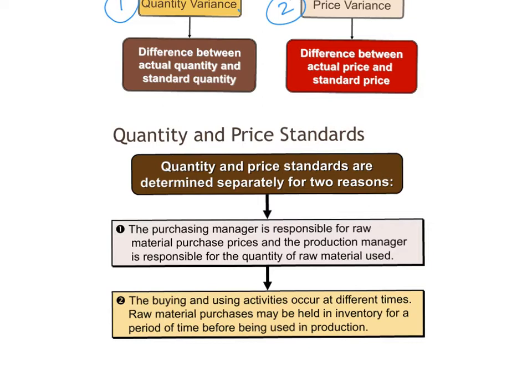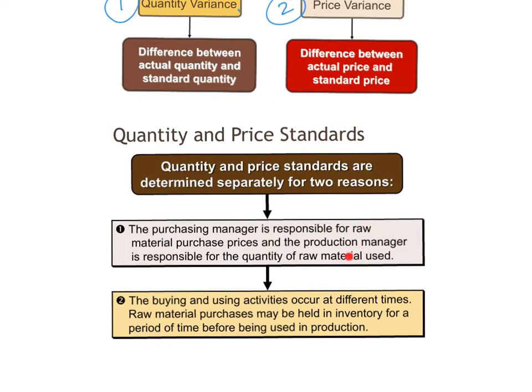Now, why do we need to look at these quantity and price differences separately? Basically there are two reasons. Number one is the responsibility of different people. The purchasing manager is responsible when you purchase raw materials, so of course they are responsible for the prices that you have to pay for the materials that you buy.